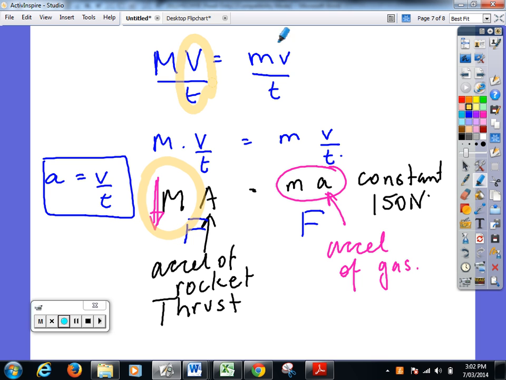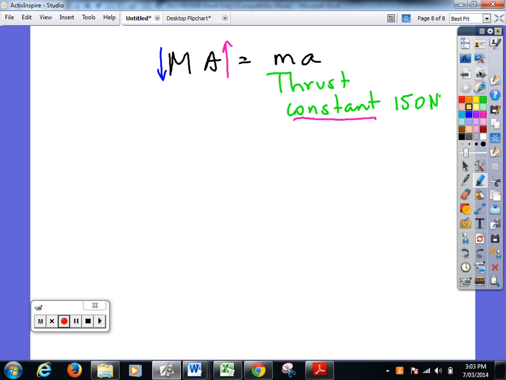So we divide by a period of time, and we get the idea that the force on the rocket must equal the force from the gas. Force from the gas and the rocket is also called thrust, but we know that it's designed that the thrust is 150, it's constant. That's the design of our rocket. So what would happen is if the mass of the rocket decreases, the acceleration of the rocket must increase. So take a few moments and use this information to summarise into that question.